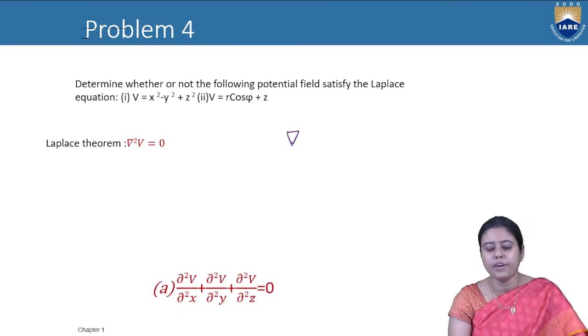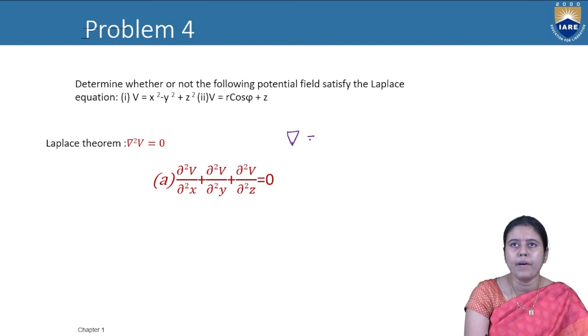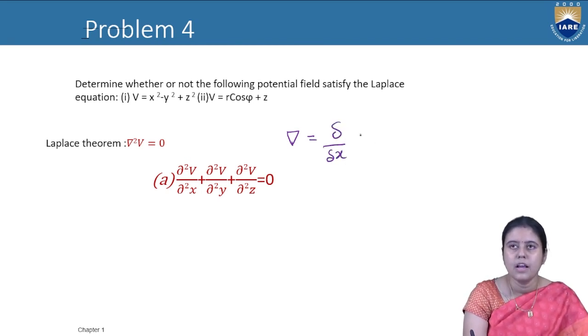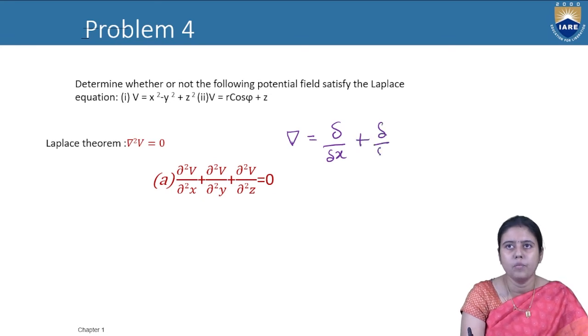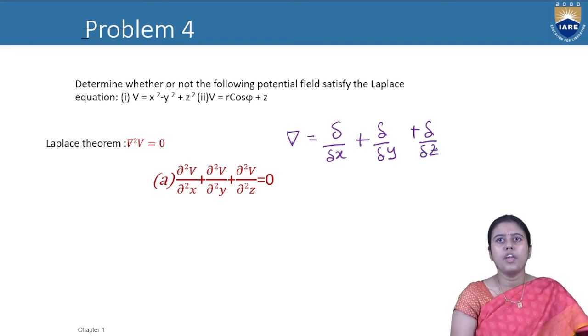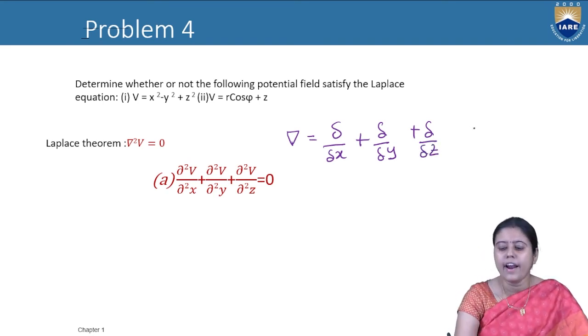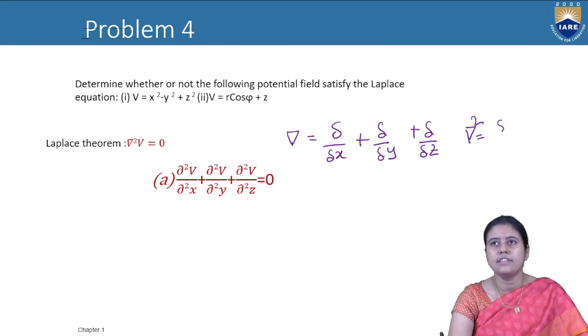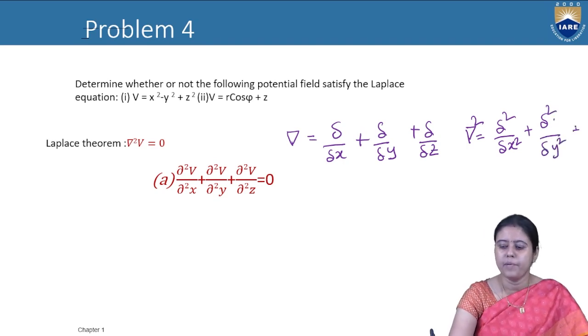What is the meaning of grad? Grad is nothing but del by del x plus del by del y plus del by del z. If we want to calculate the grad square, what will be the value? In the xyz axis, del square by del x square plus del square by del y square plus del square by del z square.